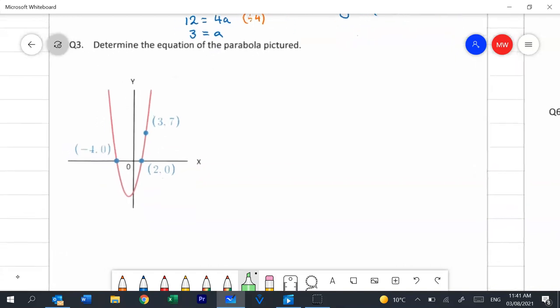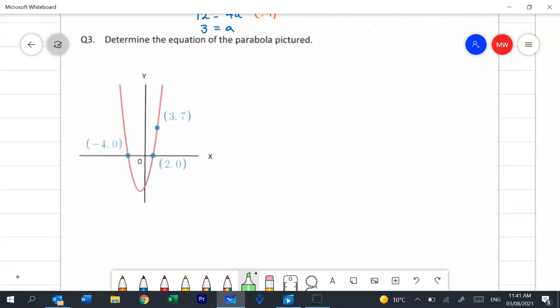This one, we are writing down the equation of the parabola pictured again. This time we've got 2 points where it crosses the x-axis. We don't know what the turning point is, and we've got a random point on the line. So we can't use turning point form. We're back to the one like we did in question 1, where we are saying y equals a outside of (x minus w)(x minus t), and we're solving.